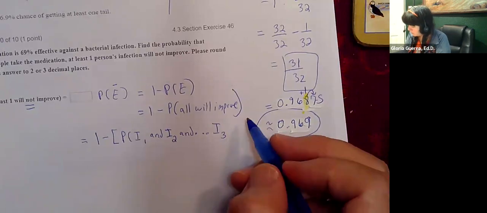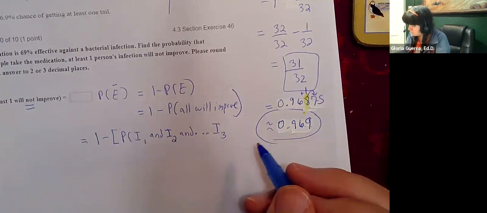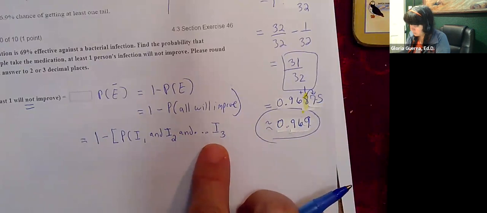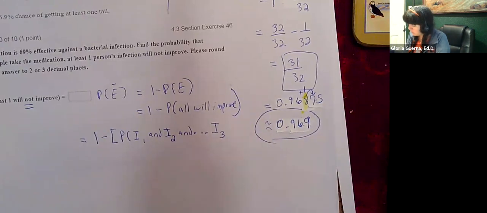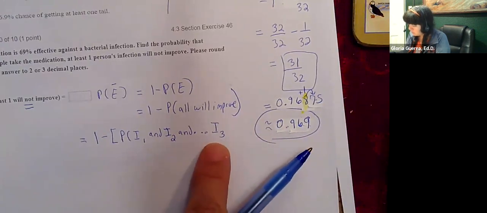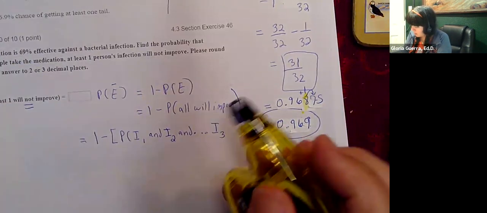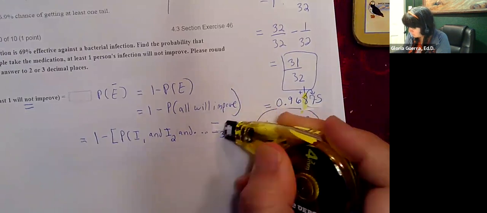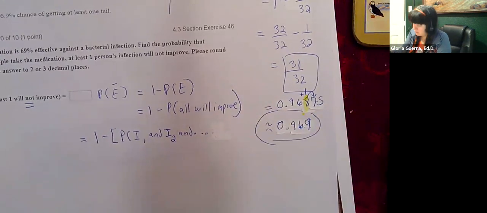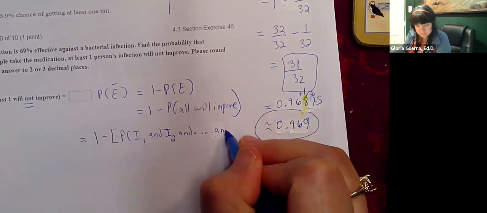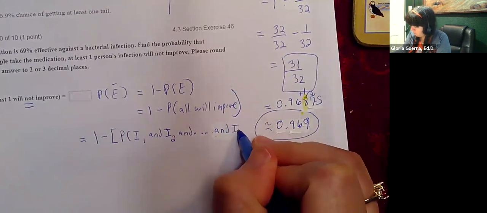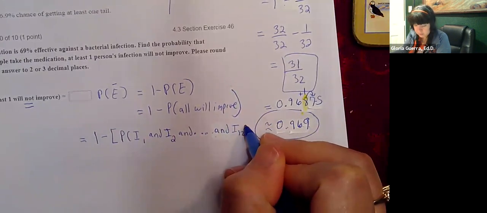And since I did dot, dot, dot, the last one would be I12. And then you want to close it.